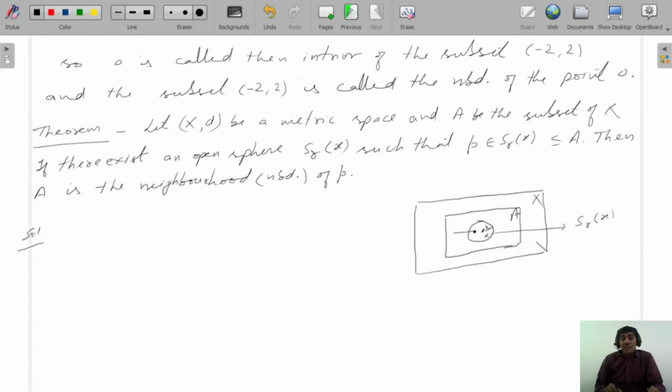This point is p. We want to prove p is an interior point of capital A. That is, we have to prove that a sphere centered on p with some radius is contained in capital A. Then p becomes the interior point and A becomes the neighborhood.